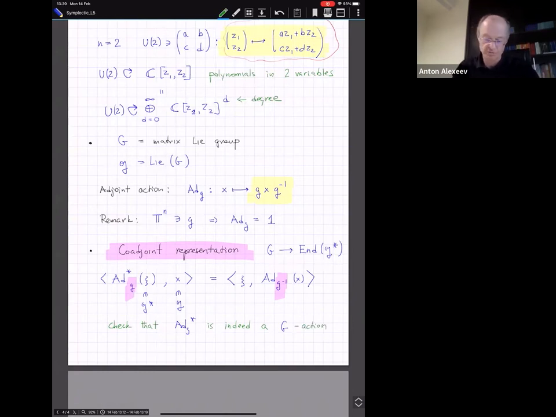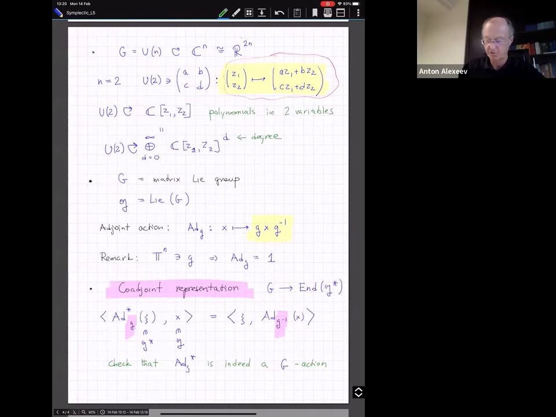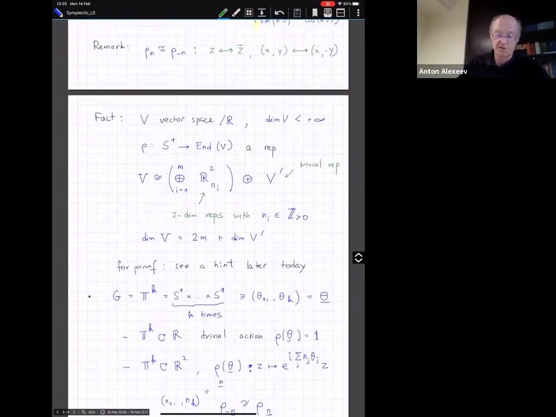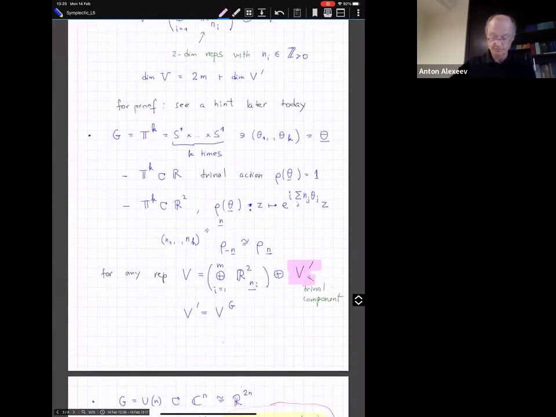Perhaps for some of you it's obvious, but maybe for others it's not. If you don't know why you have this g minus 1, just check that the operators Ad star g do define an action, which means that they satisfy the defining property of representations.